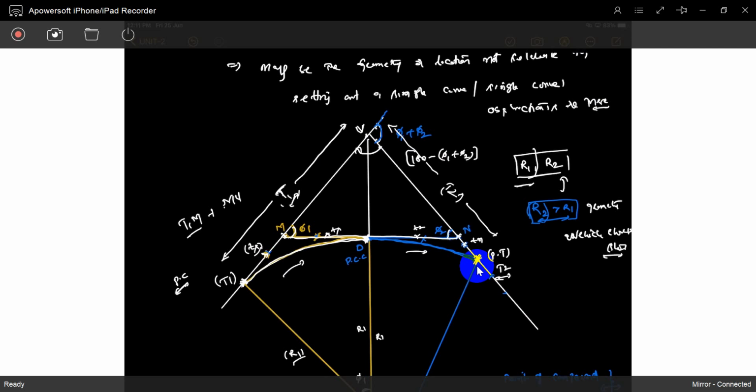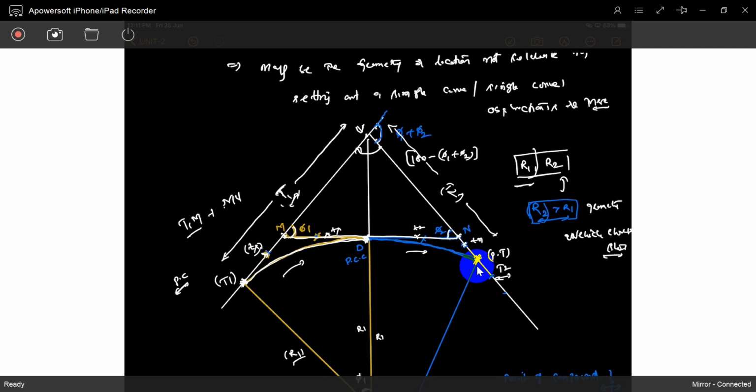Later we have to find out the length of the smaller radius curve and also the longer radius curve. Length is very simple. 2 pi r is for 360 degrees, so for phi 1, how much is it.